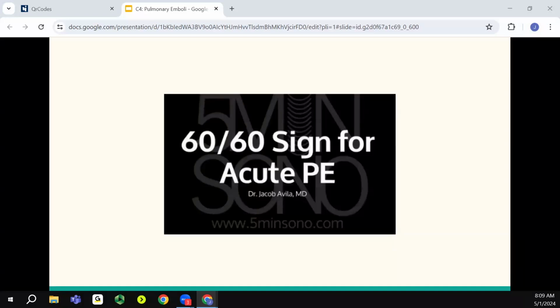If this is acute, the RV just sort of gives out, and so you lose that pressure gradient. So the two measurements that we're looking at, again, are the pulmonary acceleration time and the tricuspid regurgitant gradient, and the number is 60 for both of them. If they're both less than 60, the assumption, and we'll talk about the data for it, is that these are likely to be an acute PE.